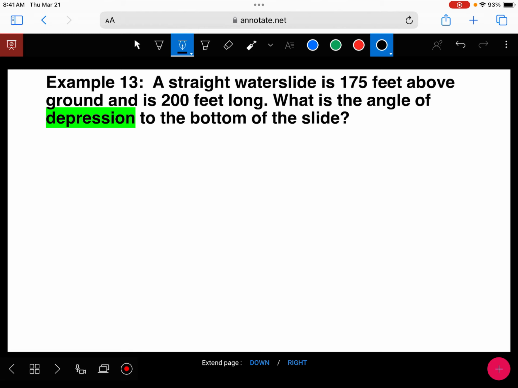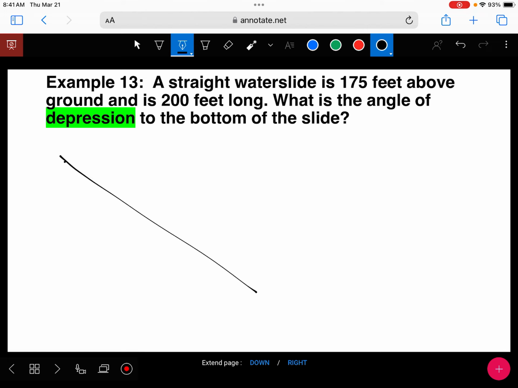It says it's a straight slide. Meaning that when it says straight slide, I think they're saying that it's not like a turning slide. It's just straight, like you just go straight down.